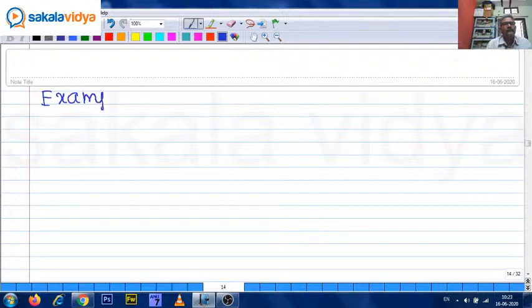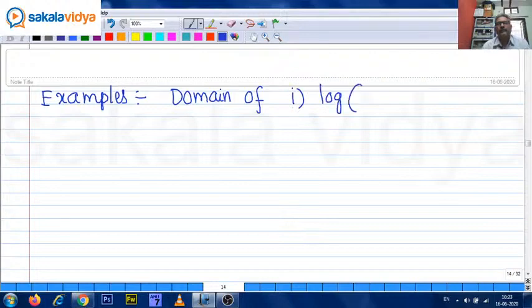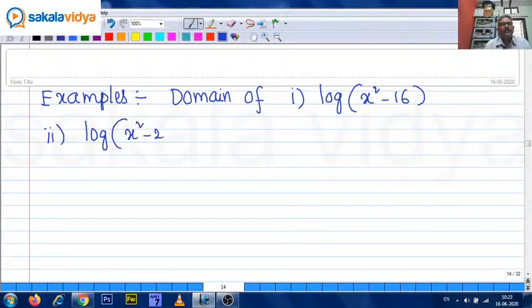Examples. Domain of: first, log of x square minus 16. Second, log of x square minus 25.